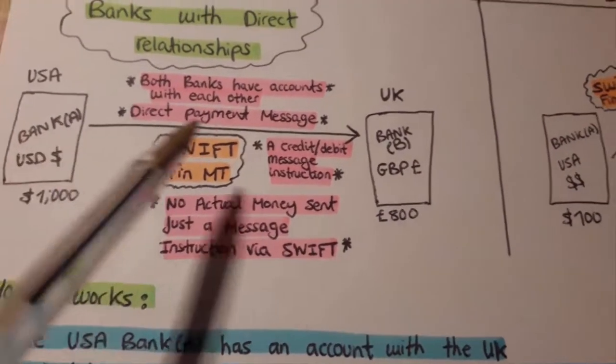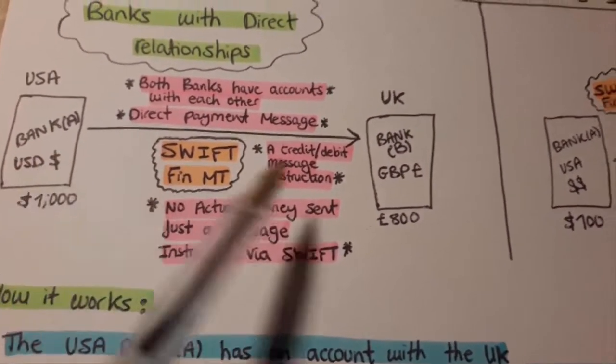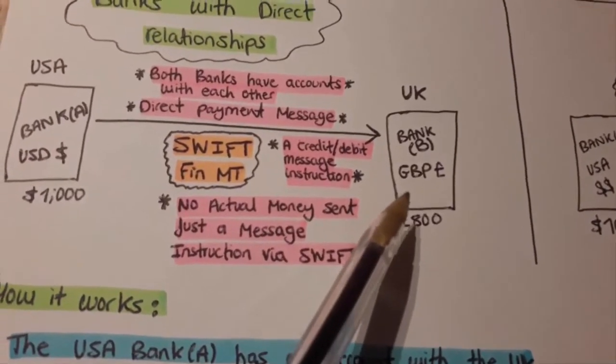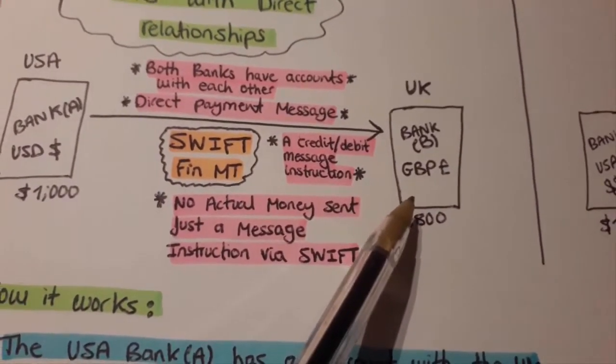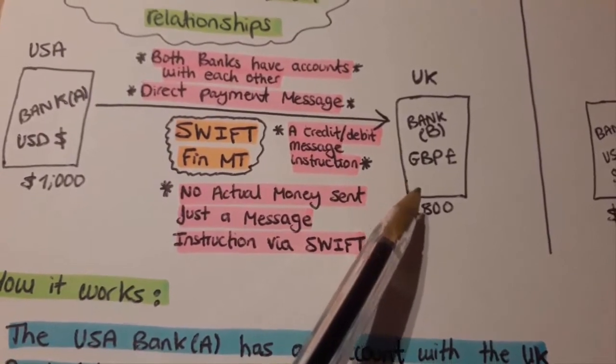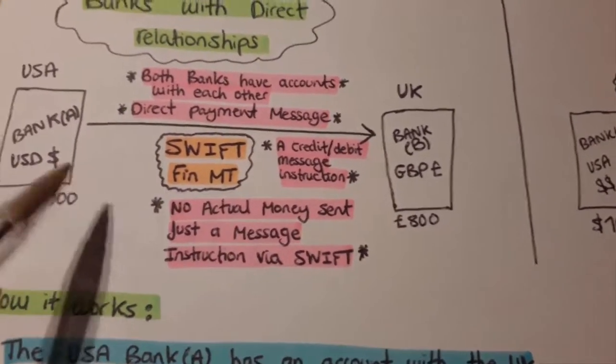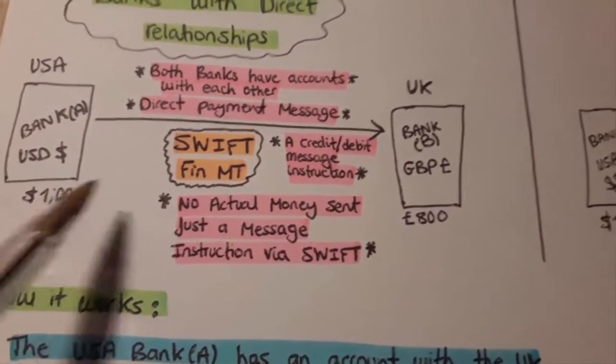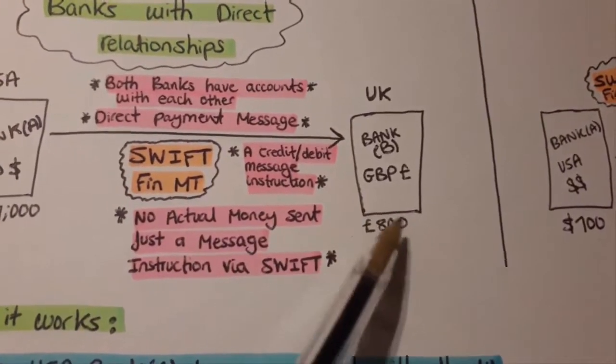So what the message basically does, when it's sent over from Bank A to Bank B, is tell Bank B to credit the customer with whatever the transfer is once they do the exchange rate. So imagine $1,000 is sent over and it's equal to £800, for example.